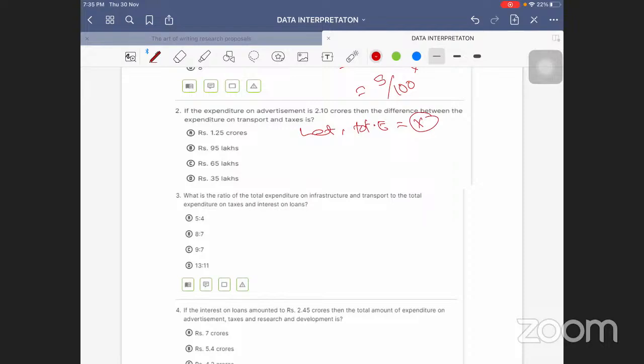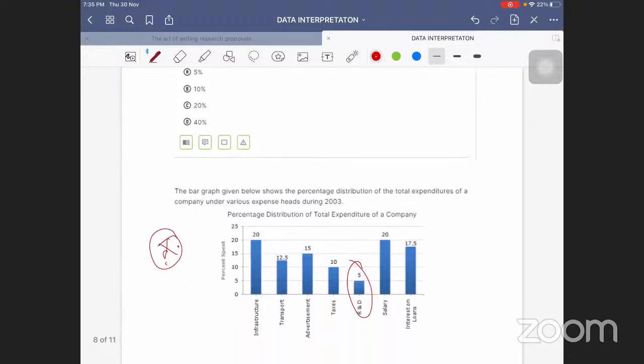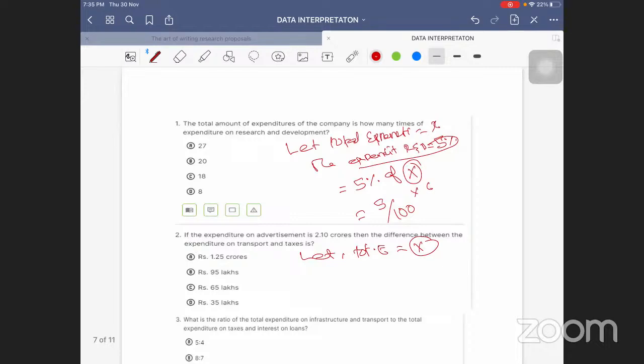So the given expenditure on the advertisement is 2.10 crores, and the percentage for advertisement is 15. So 15 percent of X, the total expenditure, is the amount spent, which is 2.10.